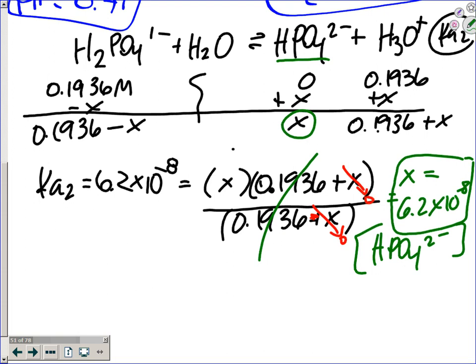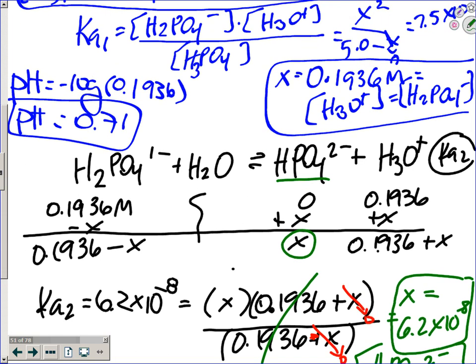And then just a smidgen more is released in the second process, that much. Is that 10 to the negative 8 going to impact this number? No, very, very minimally. So I can guarantee you the pH is not changing very much from its 0.71 pH that we initially found. You can even try to calculate it, but it's not going to change significantly.